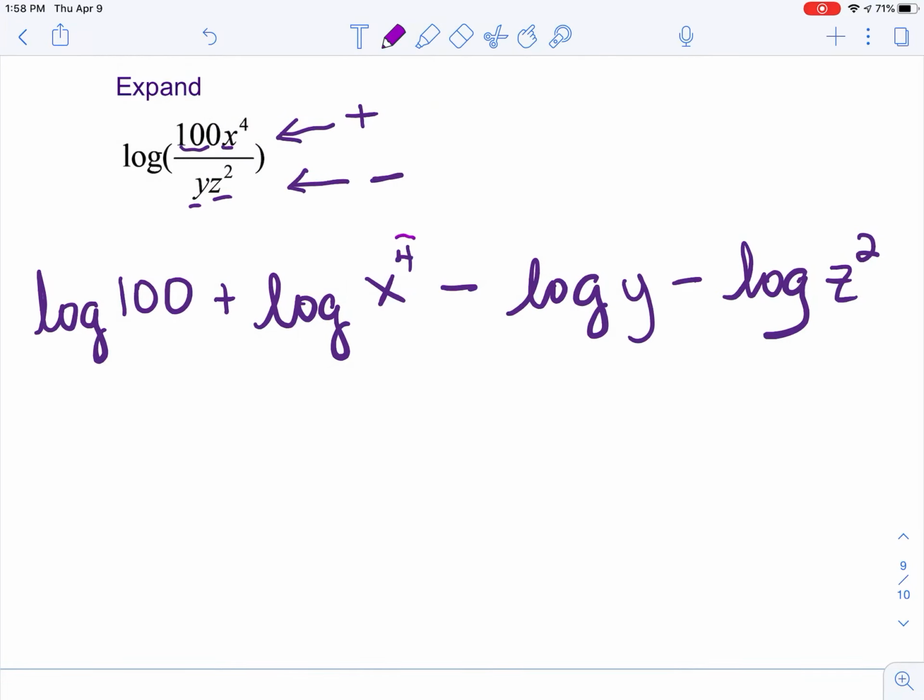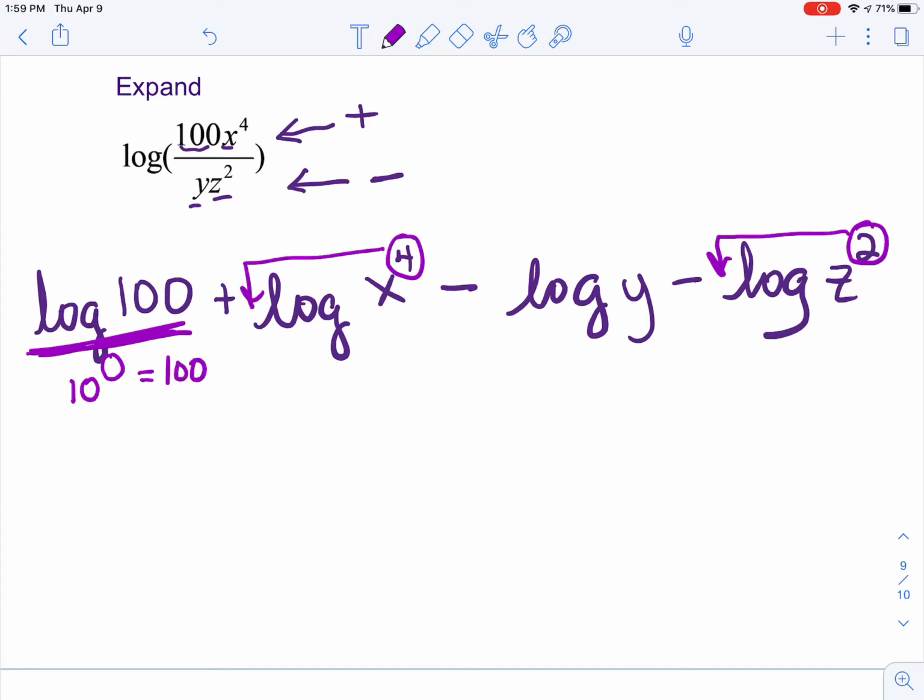Now, all we have to do is bring forward those exponents. And if we have a number, see if we can actually find the log of that. Well, if it doesn't have a base, you know it's a 10. 10 to what power gives me 100?